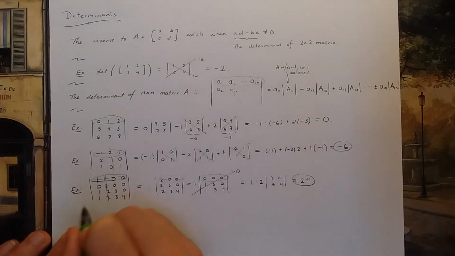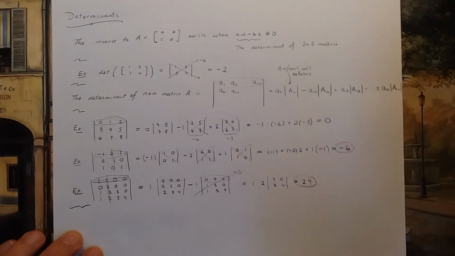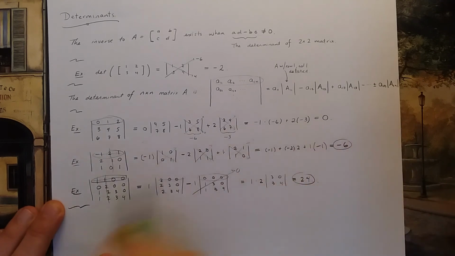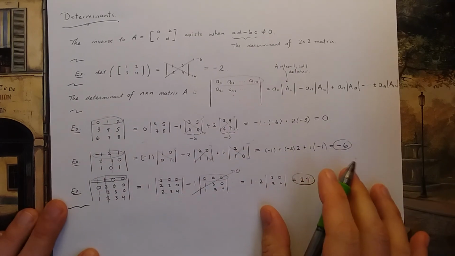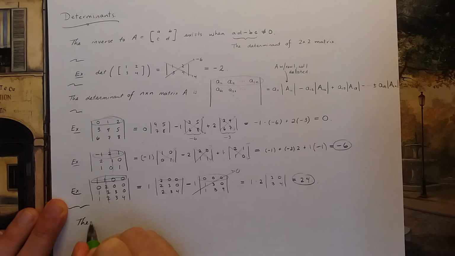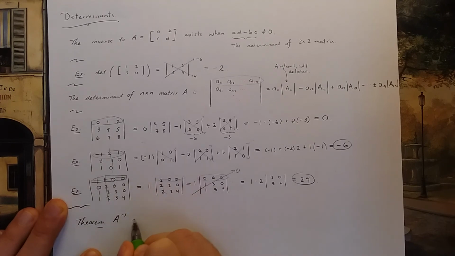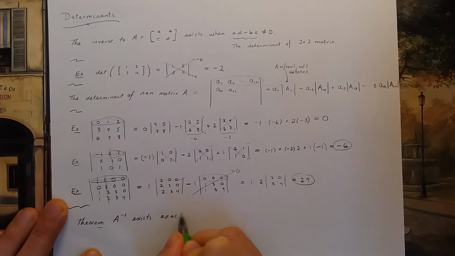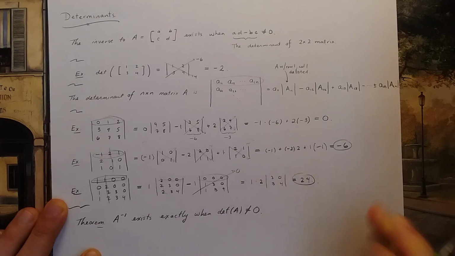Now, the key fact about determinants, the whole reason we're discussing them in this class, is the following theorem. The inverse matrix exists exactly when the determinant of A is not 0.